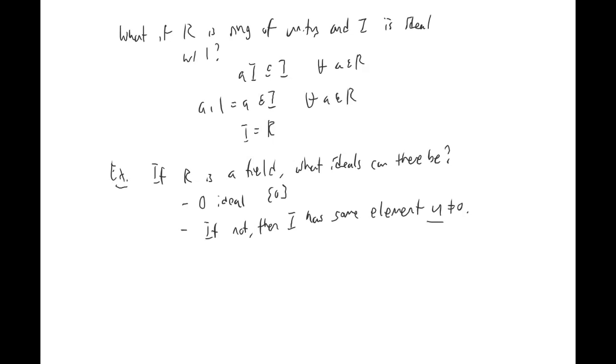It has an inverse, right? But in particular, I must suck in everything, right? So if u is in I, then u inverse times u, which is 1, is in I, right?